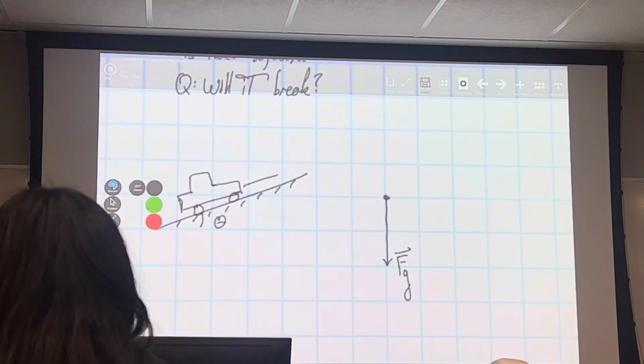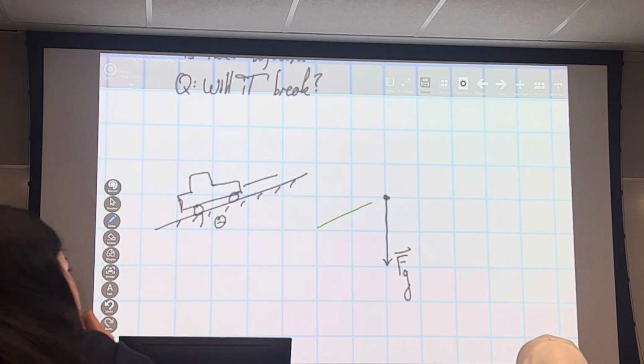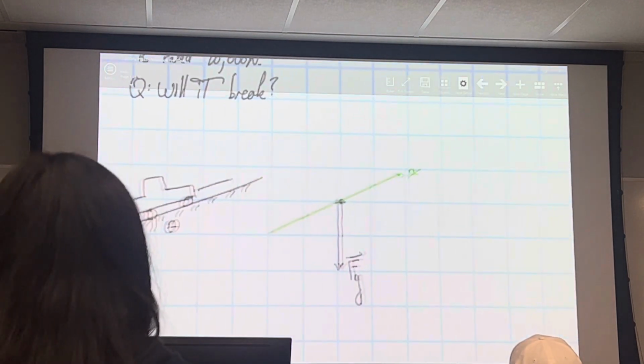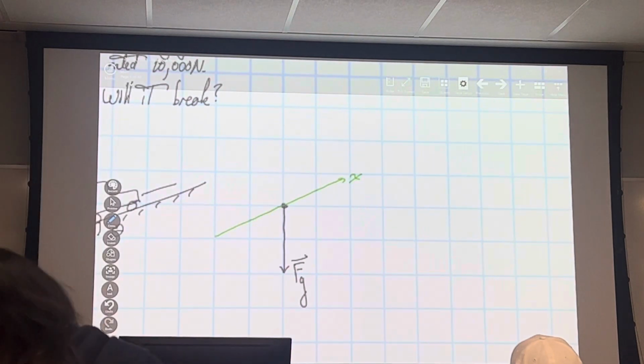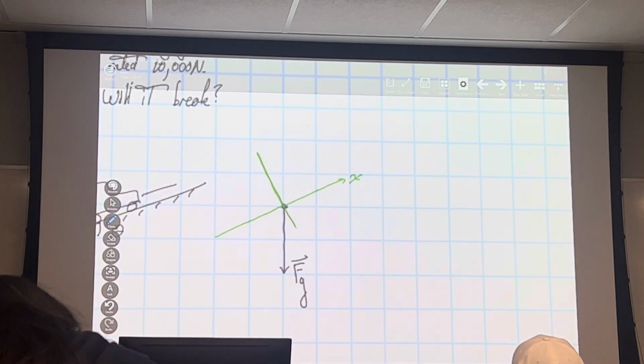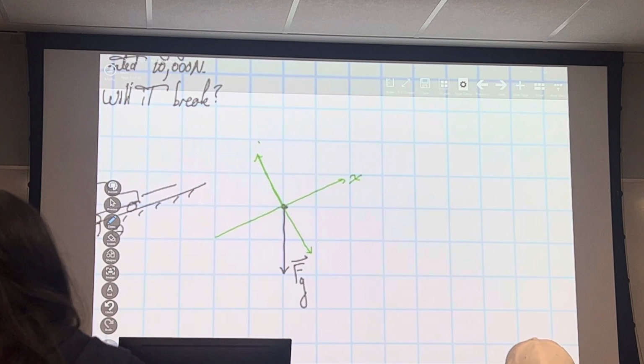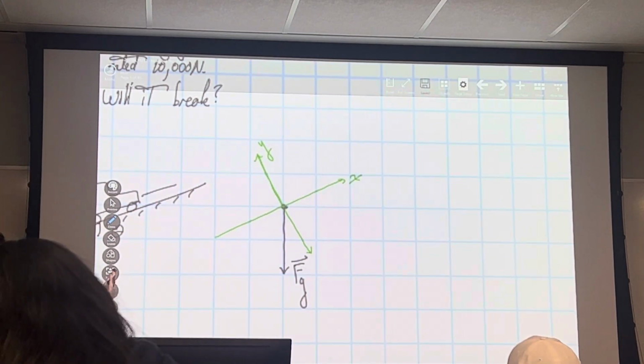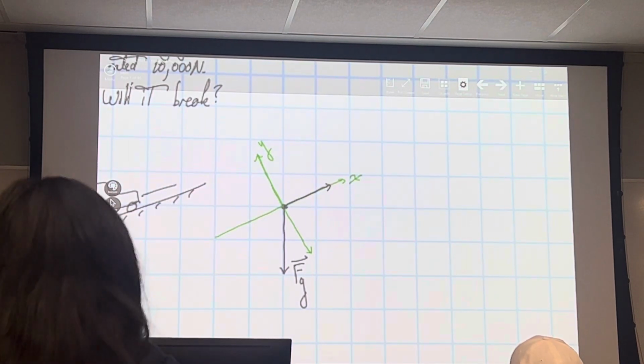So like Sam was saying, we want to use a tilted coordinate axis where it's parallel to the surface. We define that as our x, and 90 degrees to that is going to be our y. With this in mind, Sam, what direction is tension? X. Right, in the positive x direction, and that is why it is a benefit to use a tilted axis.